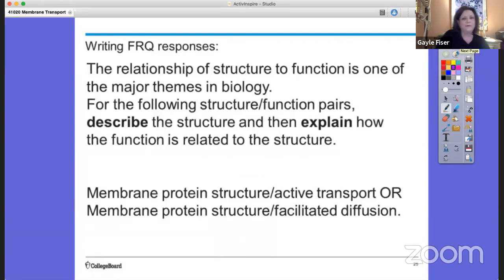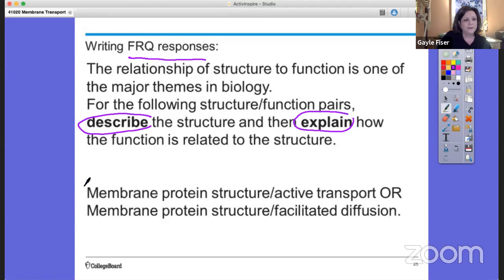All right, so this is what I got. The relationship of structure to function is one of the major themes in biology. For the following structure-function pairs, describe, okay, so there's our task verb, describe the structure and then explain how the function is related to the structure. And you have 2 choices here.